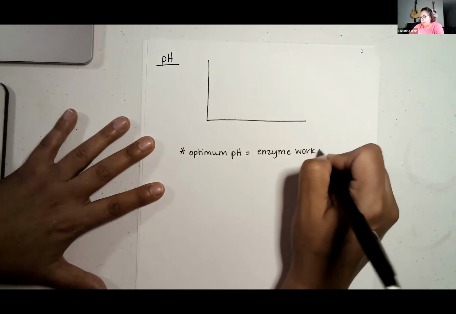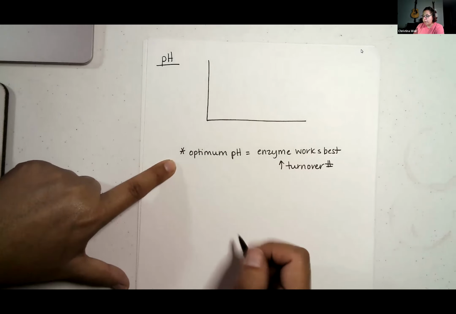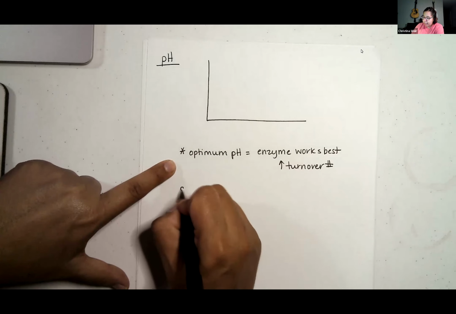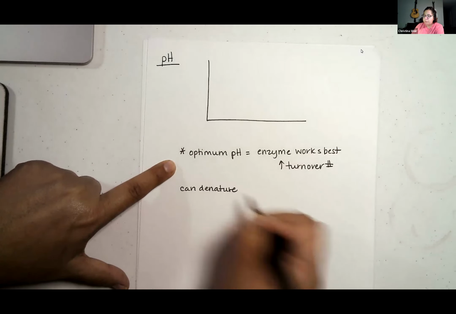It has a high turnover rate. But what we're going to find out is that enzymes can denature if the pH is too far above or too far below the optimum.